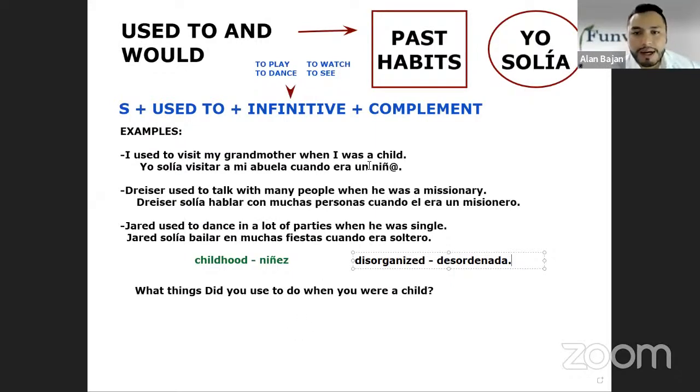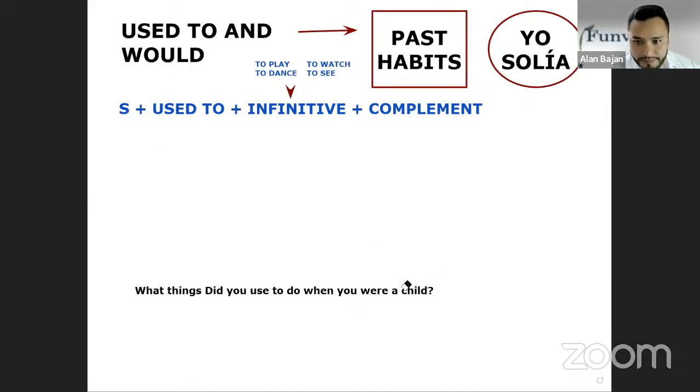All right, now we learn about affirmative sentences. Let's learn something here.